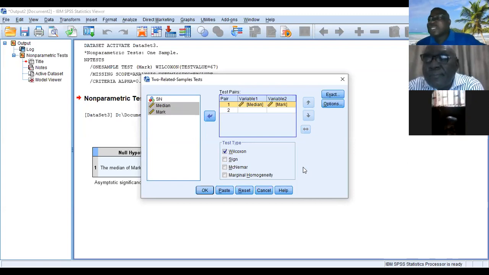So even in the signed rank, it's about subtracting. In this one, the median is used as a constant, so the median is serving as if it's the second variable, because across all of them you put the median there. When you now put it, can you see Wilcoxon is there, sign is there. What you want to do.